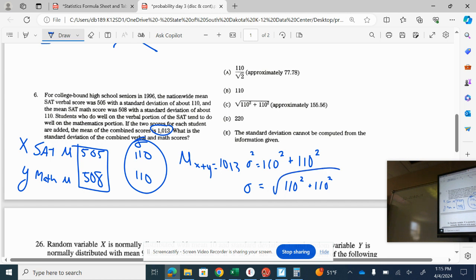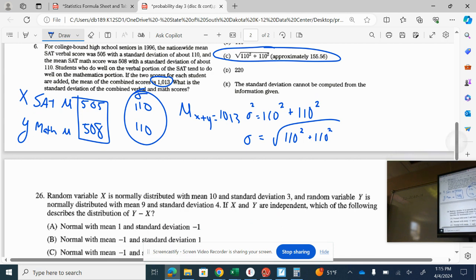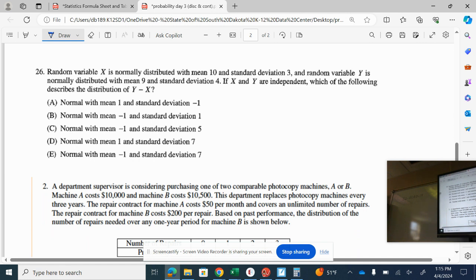This question says, what is the standard deviation of the combined scores? Variance always adds when you're combining these variables. Now, if I haven't rung a bell yet with what we're talking about, we would get these kinds of tables.